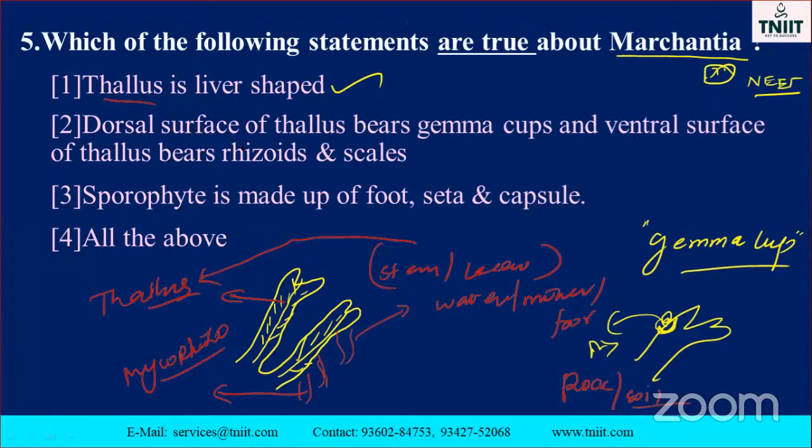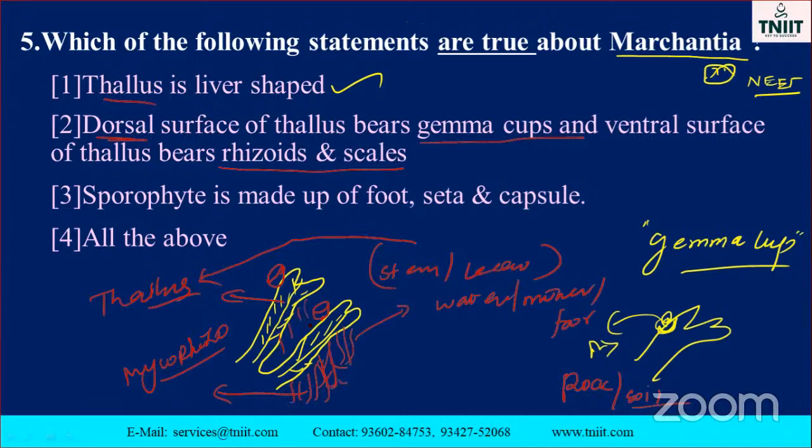And next, dorsal surface of thallus bears a gemma cup. I told you here. Okay. Likewise, here there is a small gemma cup. Which side? Don't forget, my dear student. Dorsal surface. Okay. Ventral surface of thallus bears rhizoids. Take an example. Rhizoids are already drawn here. So many rhizoids are also there.